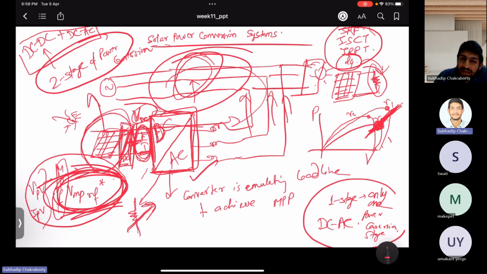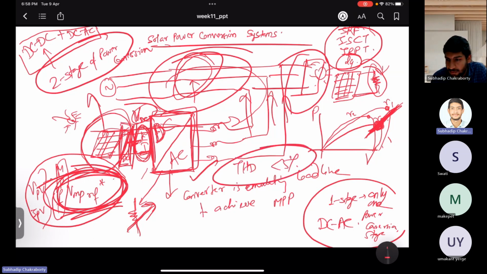But one thing: for any topology you use, you have to abide by the grid codes. That's why power quality rules and standards are set by IEEE. You can see standard 519/2022, and harmonic IEC standards are also there. You have to abide by those rules and accordingly select the control, such that irrespective of load side disturbances, you can push power to or take power from the grid at unity power factor with balanced, more or less sinusoidal current, and THD should be less than 5%.